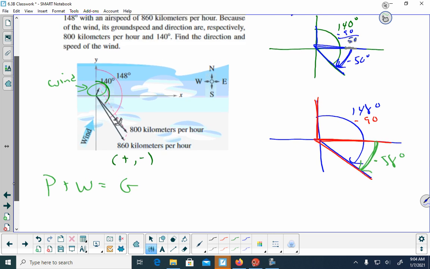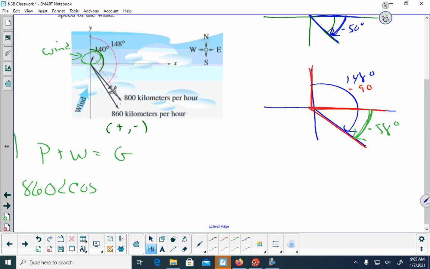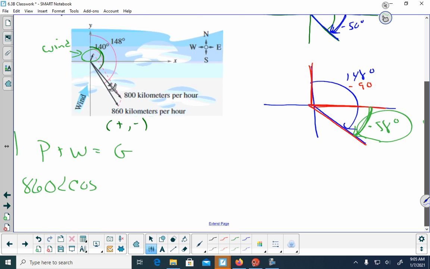So the plane is at 860, and we said the angle that we're going to use for that is 148 degrees. So we're using this negative 58 degrees. So this is cosine of negative 58 degrees, sine of negative 58 degrees.